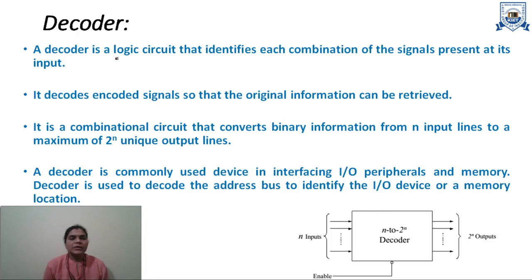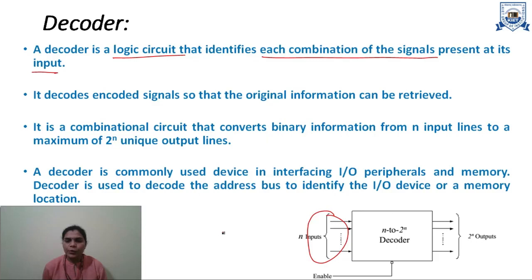A decoder is a logic circuit that identifies each combination of input signals present at its input. So it recognizes an n-bit encoded input into one of 2 to the power n outputs.